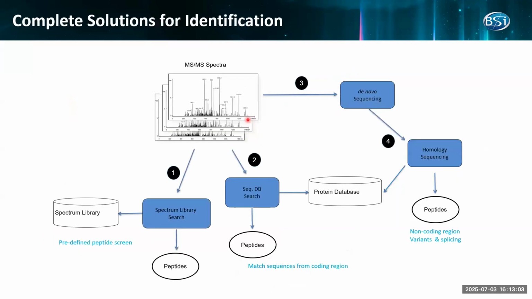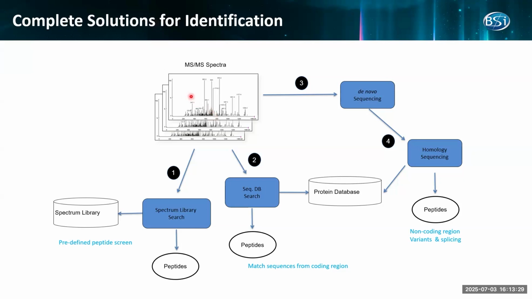So, detailed information about how to do identification: given a tandem spectrum, the peptide sequence is derived from it. Regarding the algorithms, there are many methods. Technically, they are spectra-based or peptide-centric.